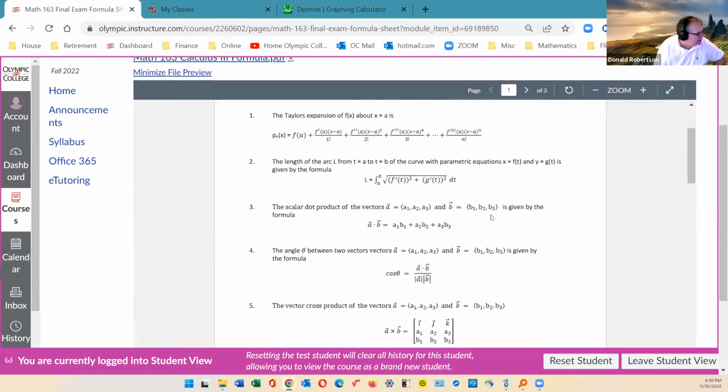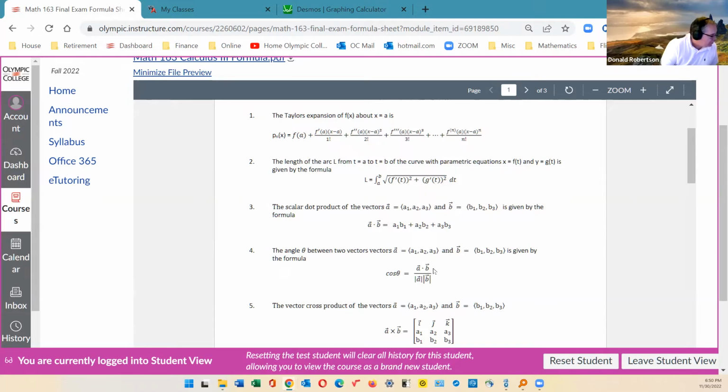The arc length formula that I want to use is this guy here. I would write that down as the integral from a to b of the square root of f dash t all squared plus g dash t all squared, dt.